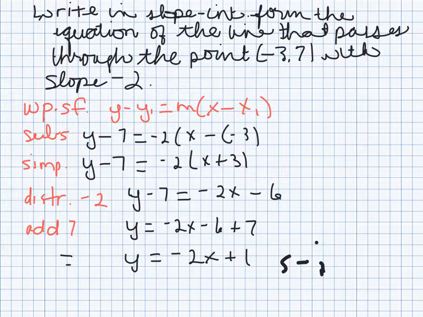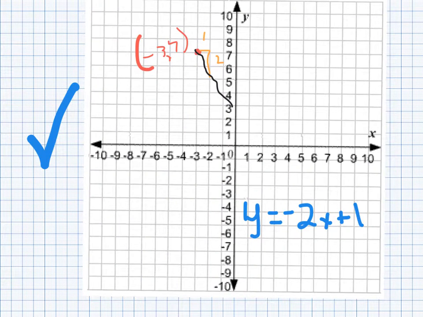Okay, slope-intercept form. So now generally you can use a graph to check to see if you got it right. Here you can see that here's my coordinates, so that would be about right there.